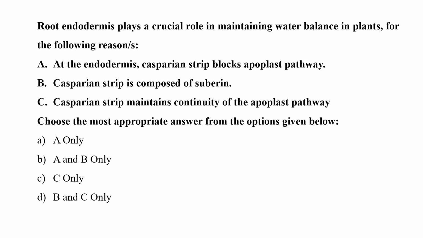Next question is, root endodermis plays a crucial role in maintaining water balance in plants for the following reason. The endodermis is the layer present in the cortex, made up of a matrix of Casparian strips, which allows only selected flow of minerals inside the cell by the symplast pathway to the xylem, and also contains transport proteins that act as a checkpoint for entry.